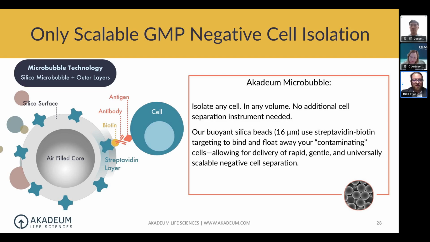And through custom antibody cocktail development, we are able to target any and every cell impurity within your sample. Within this presentation, we will emphasize the work of T cell isolations. However, right, because we are based on a platform microbubble technology, we can develop and design an antibody cocktail for any other of your cell isolation needs.